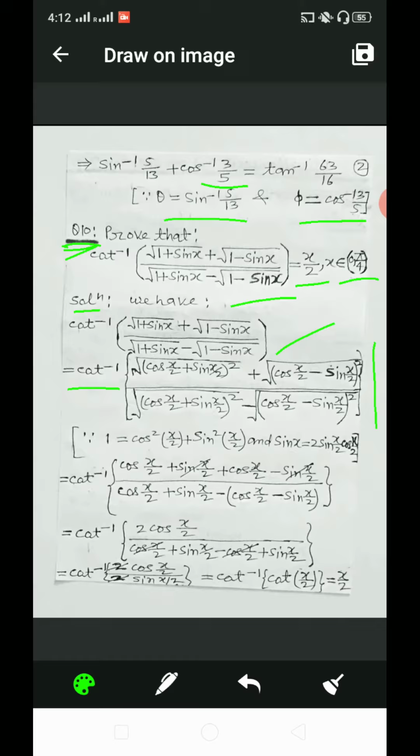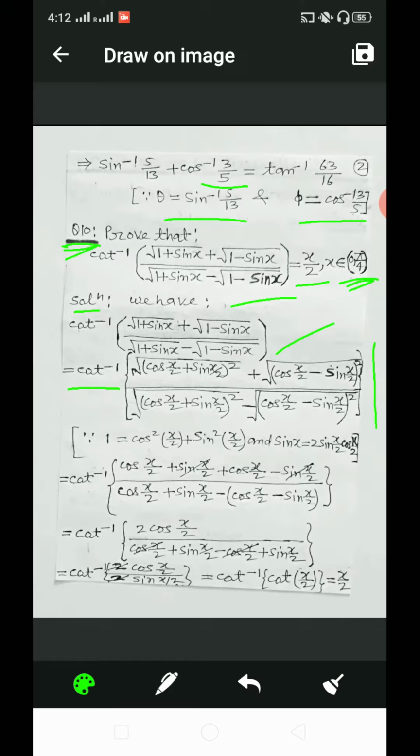Dear students, here I want to tell you that we use cos x by 2 minus sin x by 2. Why do we not use sin x by 2 minus cos x by 2? Because x belongs to the open interval 0 to pi by 4, which is already given in the question.